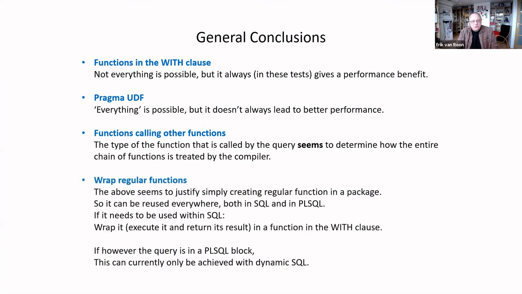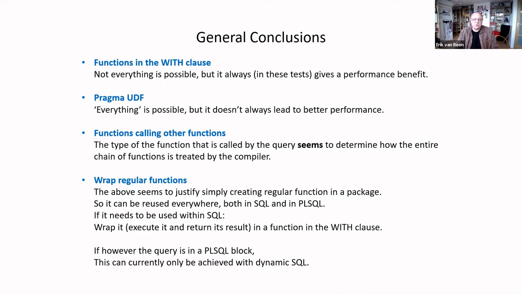So we could wrap regular functions. If you have a function that is already developed, you don't have to change it into a UDF function. And sometimes you even can't do that, like with the DBMS functions. But you can just add a with clause to your query, and have a function in there that just wraps that function that is already there.